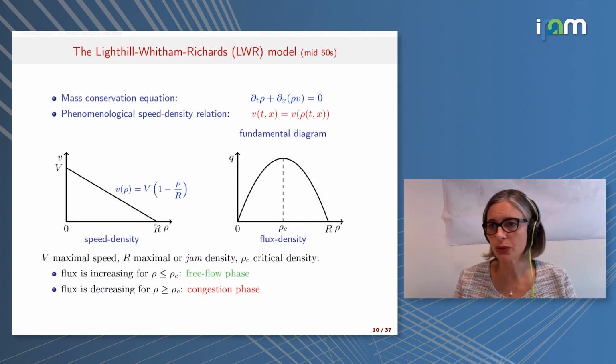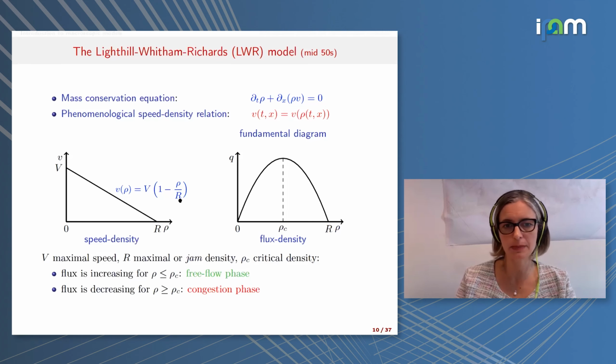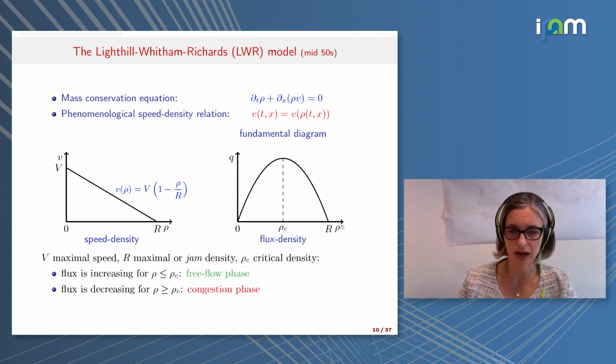So mathematicians usually work with this simple speed law, the linear decreasing speed law, where V is the maximal speed, R is the maximal density, and using this speed equation, the flux function becomes a downward parabola with a maximal point that is called the critical density, exactly at the middle between 0 and capital R.